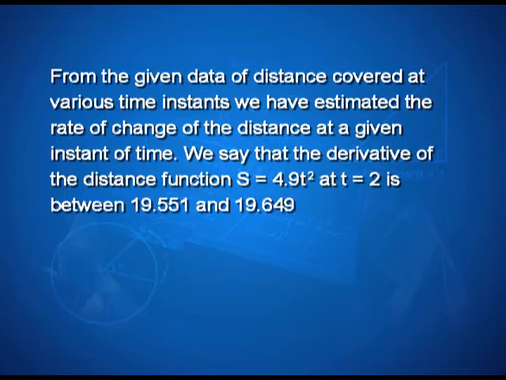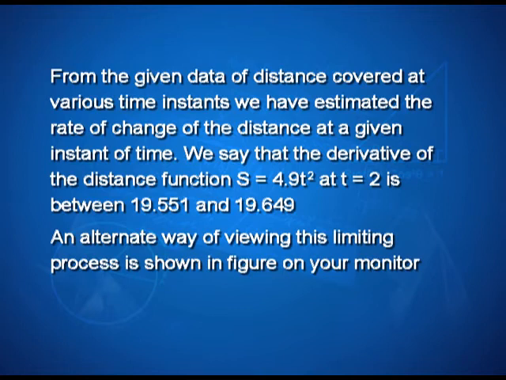We say that the derivative of the distance function s equal to 4.9 t square at t equal to 2 is between 19.551 and 19.649. An alternate way of viewing this limiting process is shown in the figure on your monitor.